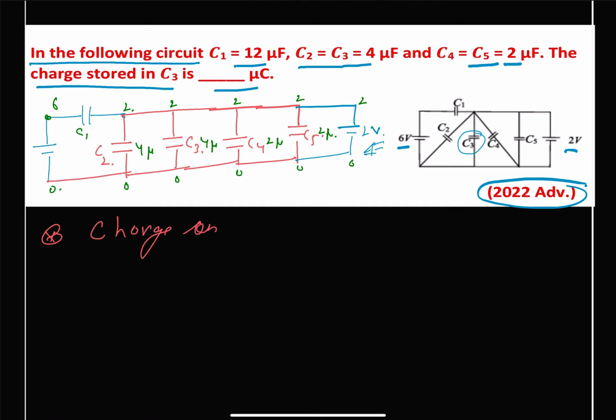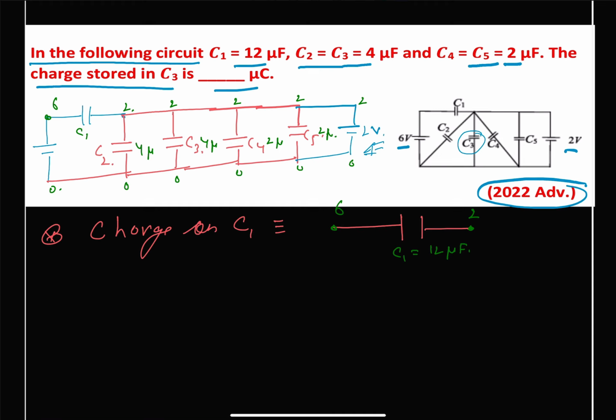Charge on C1, and for C1, let me draw it here. On the right side we have a voltage of 6, and on the left we have a voltage of 2 volts, and our C1 is given to us as 12 microfarad.